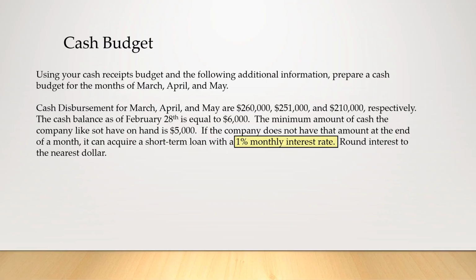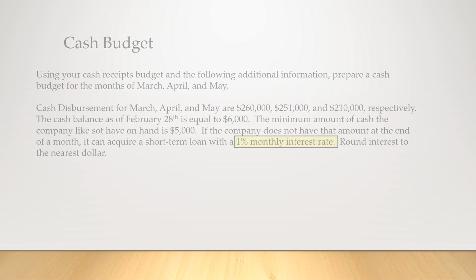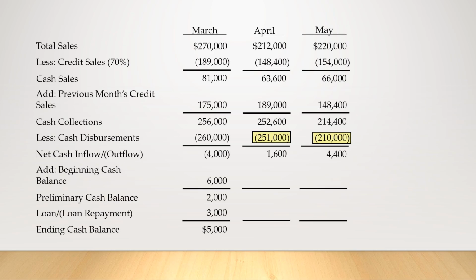The loan's monthly rate is 1%. So we'll add 1% of $3,000 to April's disbursements, or $30. The net cash inflow for April drops to $1,570. April's beginning cash balance comes from March's ending cash balance.